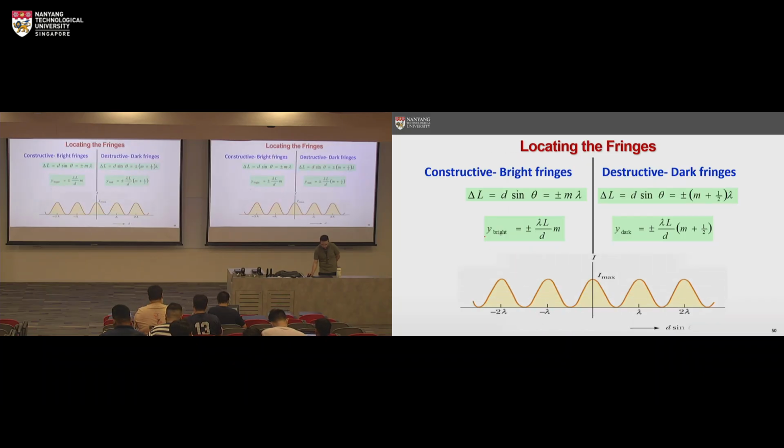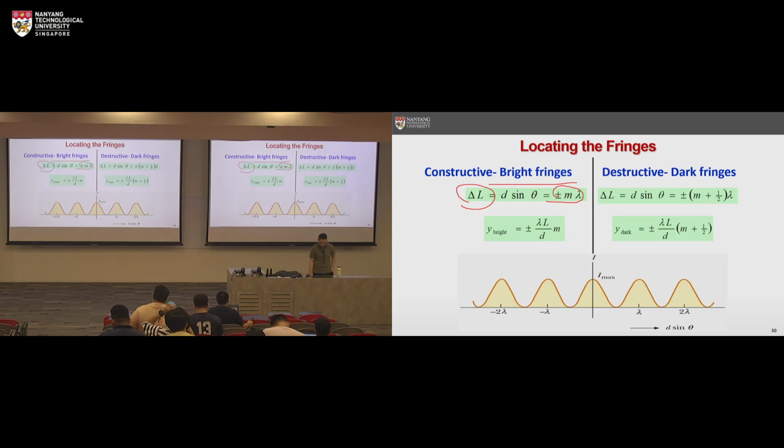So in summary, if you want to find the fringe on the screen, you will see two types: one is bright, the other is dark. So again, we have constructive and destructive. Constructive means that your delta L, which is your optical path length difference, should equal m lambda, a full integer multiple of lambda.